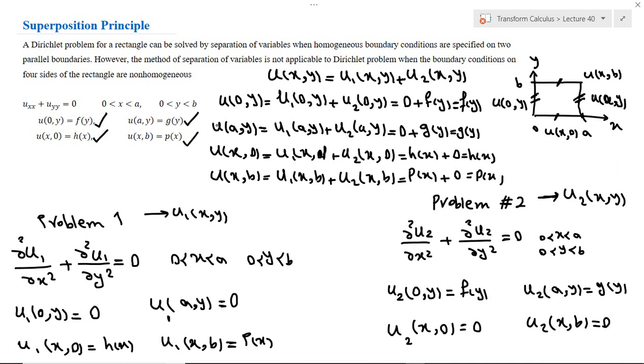Then you can easily find u1 and u2 using separation of variables. Then you add them together. U, which is the summation of u1 and u2, is the solution of your original boundary value problem.